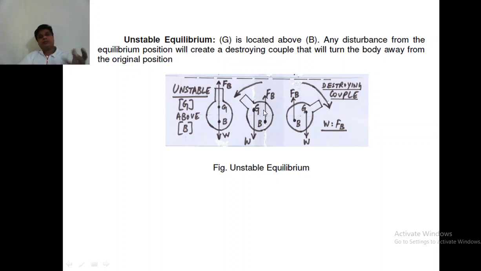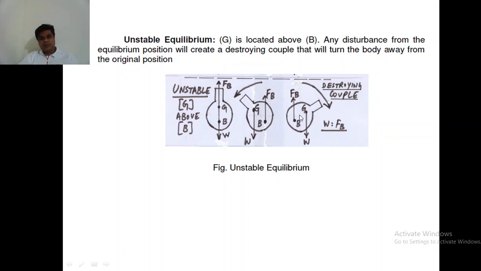So in that case, you cannot say that the object is in equilibrium, because it will twist on one side and it may sink into the water or the fluid. Similarly, you take the same object here and try to twist it in the clockwise direction. And when I twist the object in the clockwise direction, again what happens?